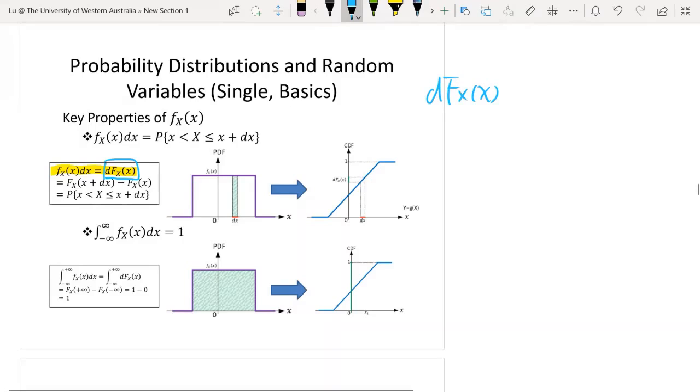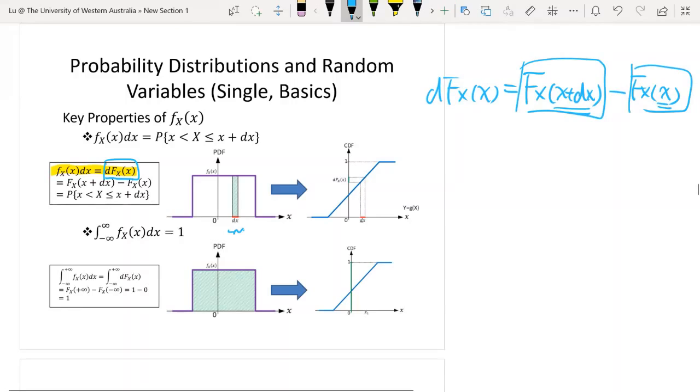Change means difference. That means the change from x plus dx position minus the Fx(x). So regarding the horizontal axis, we are changing from x to x plus dx. The small change is dx, which is shown in this section. The corresponding change of the CDF function values is just the difference between this term and this term.